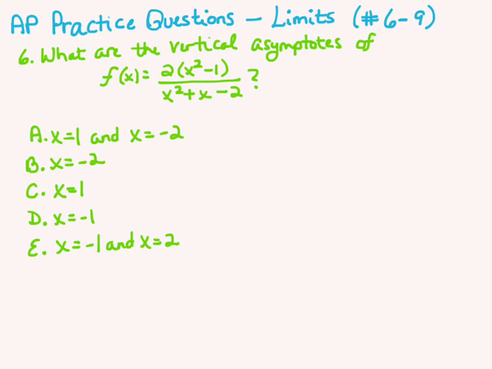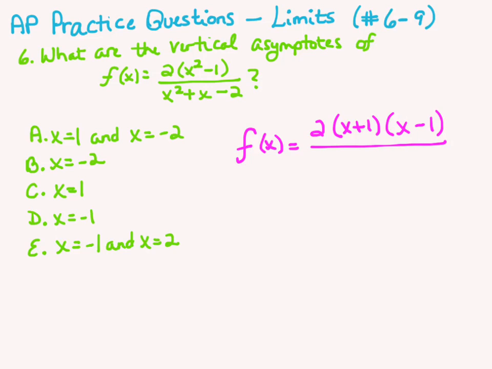And in order to do that, I need to factor this function. And while I'm factoring, I'm going to go ahead and factor the numerator and the denominator. So in my numerator, I've got 2 times x squared minus 1, and x squared minus 1, of course, factors into x plus 1 and x minus 1.